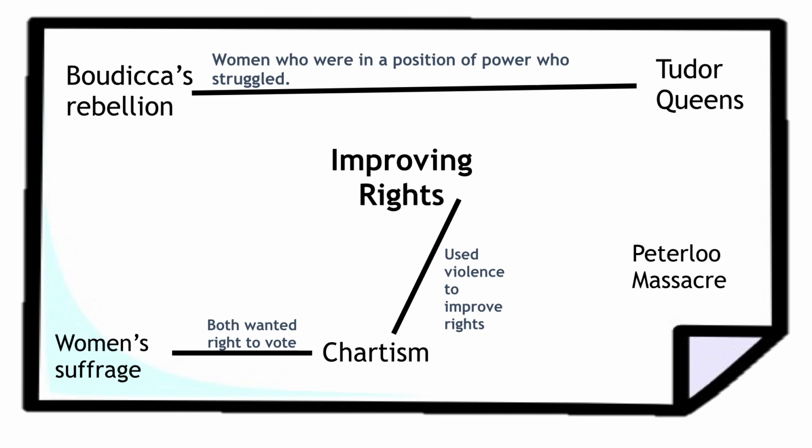Same aim, rights for working class men, okay, particularly the right to vote. Okay, so you can make more links, and at the end your page should look with lots of arrows and annotations and little bubbles, thought bubbles that you can think of.